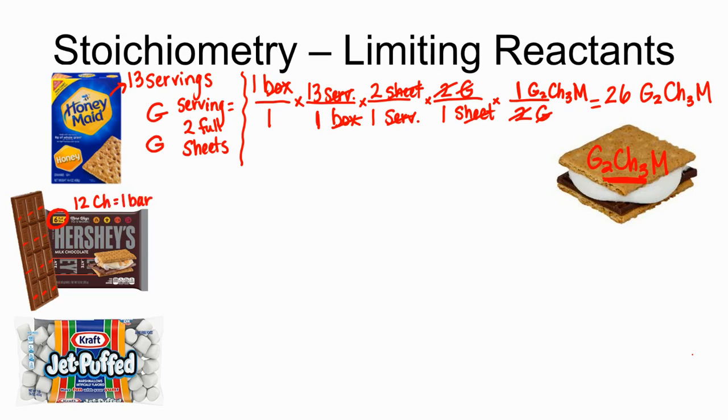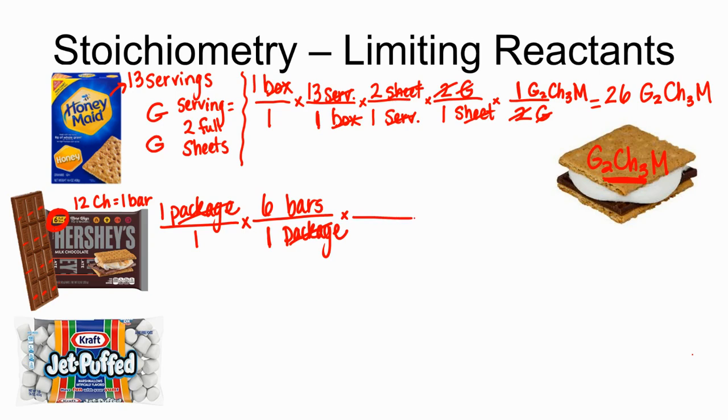So what do I know? What am I starting with? Well, I know that someone brought 1 package of chocolate to the bonfire. I know that in every 1 package there are 6 bars of chocolate. And then what do I know about the chocolate bars? That they contain 12 CHs in every 1 bar.